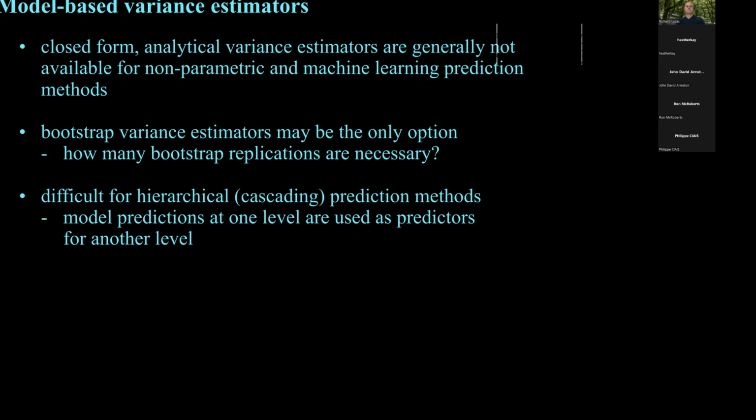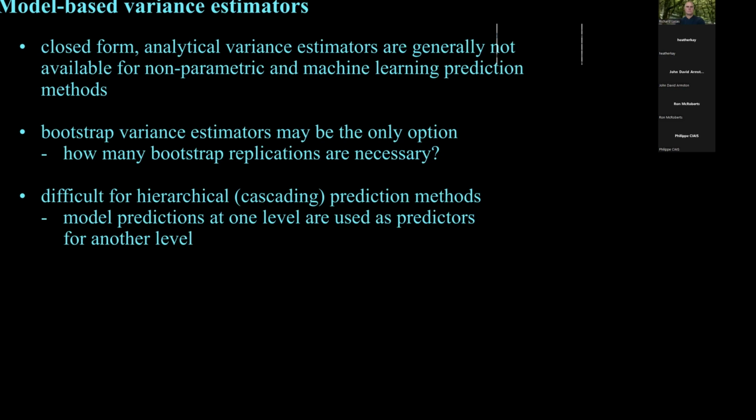Okay, so we know how to do this bootstrapping business for relatively simple problems, but it becomes much more difficult for what I call hierarchical or cascading prediction techniques. So when I use a model to produce predictions at one level, and then use those predictions as predictor variables for another level, it gets complicated.